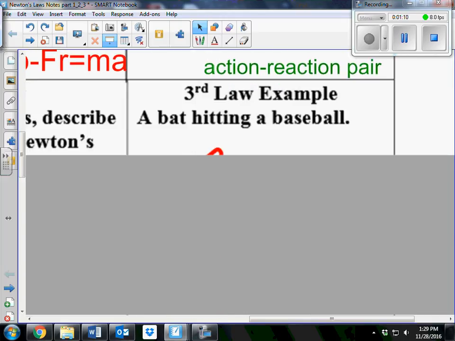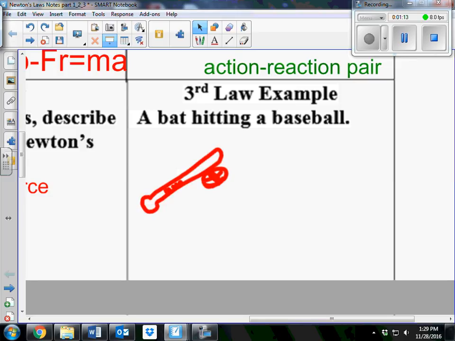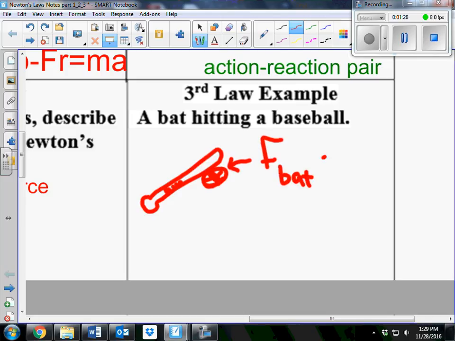So let's take some examples. My first example, please excuse my horrible drawing, but oh well, it is what it is. So my first example is a bat hitting a ball. Let's say that I hit that ball with the force of the bat, and according to Newton's third law, the ball is going to push back equal but in the opposite direction, right? That makes sense.